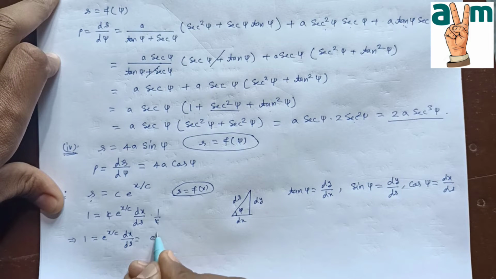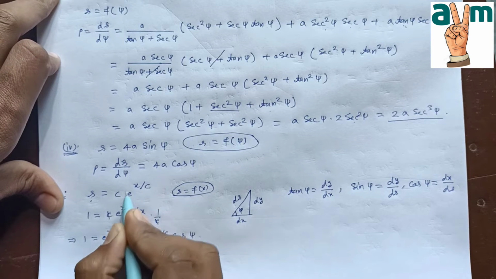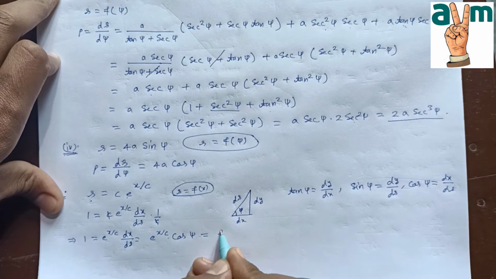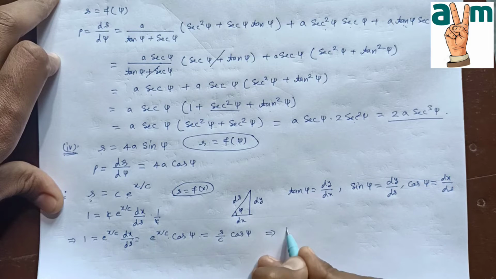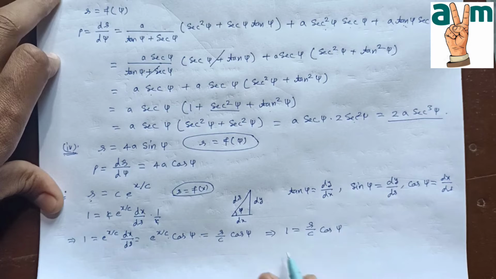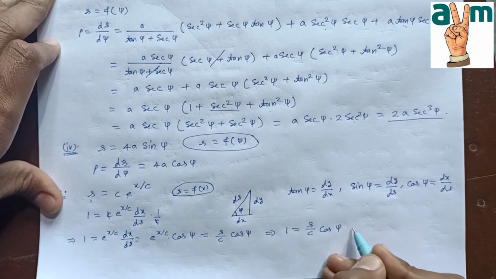So this thing is equal to e to the power x upon c into cos psi, and e to the power x upon c is equal to s by c. So we get 1 is equal to s by c cos psi. From here we can find s in the form of psi.